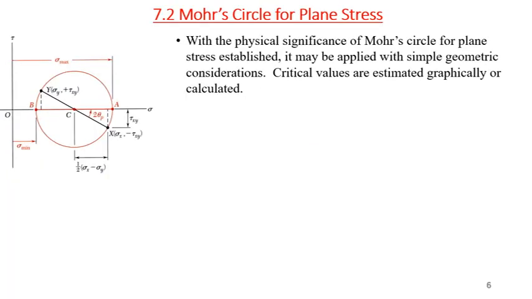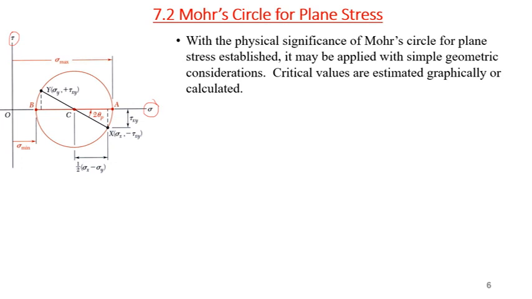Mohr circle for plane stress. We already know the transformation equation can be represented as an equation of circle, and using that equation we can draw a circle to represent the stresses, taking the sigma axis as the horizontal x-axis and the shear stress tau as the vertical axis.